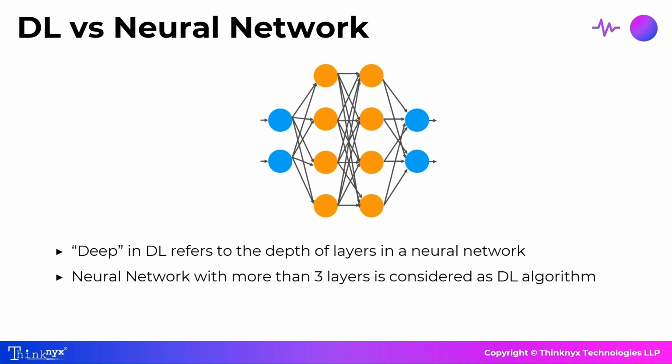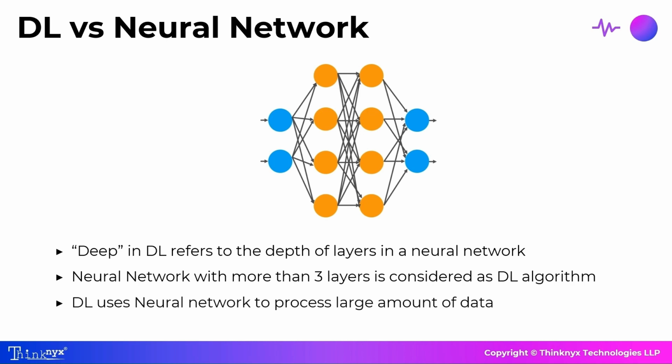So, in summary, deep learning is a type of machine learning that uses artificial neural networks inspired by the human brain. These networks process large amounts of data to make smart decisions without requiring explicit instructions. By mimicking how our brain works, deep learning helps solve complex problems in various areas.